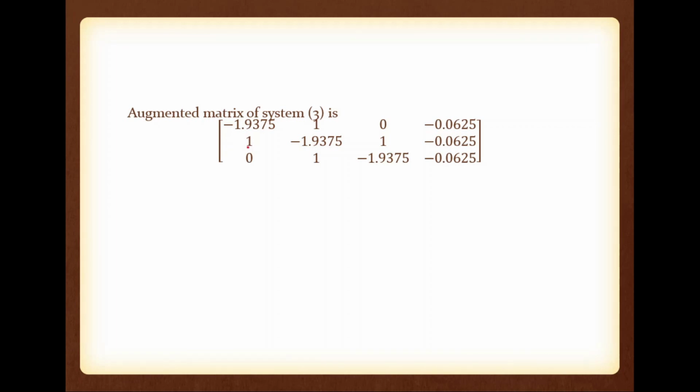So R2 is equal to R2 minus the element we want to remove, that is 1, divided by the pivot, minus 1.9375, into R1.